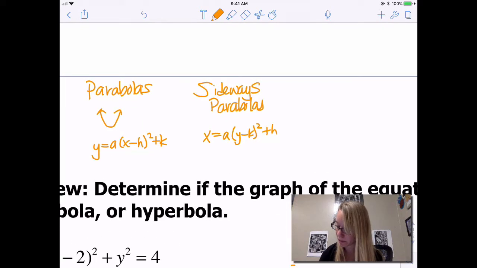Okay, notice parabolas. On these types of conics, we only have one thing squared. So if you ever see that you only have an x or a y squared, and then you have an x by itself or a y by itself, you know that it's going to be some type of parabola. That's a good one to look for. Like, does it have just one thing squared? Then I know right away, parabola.